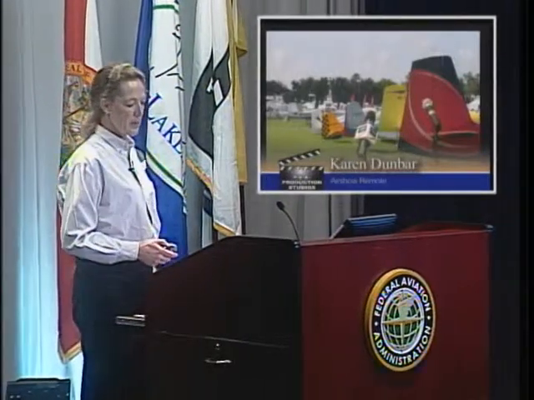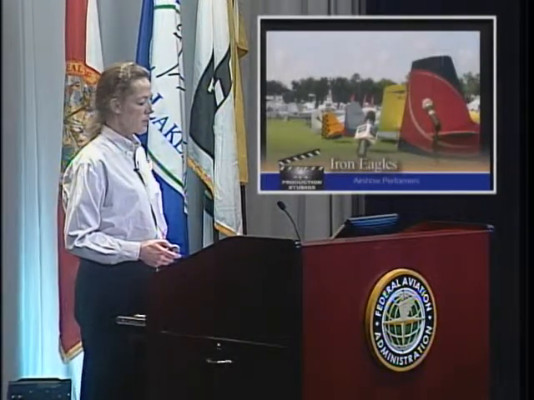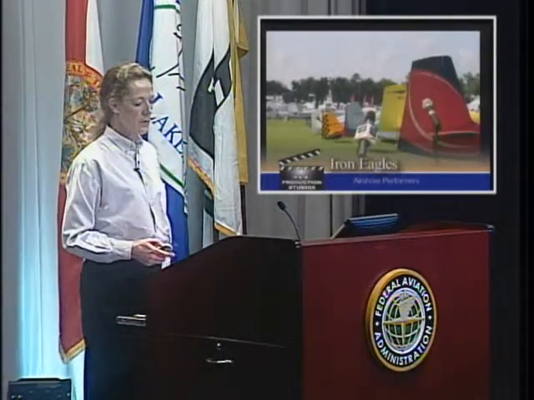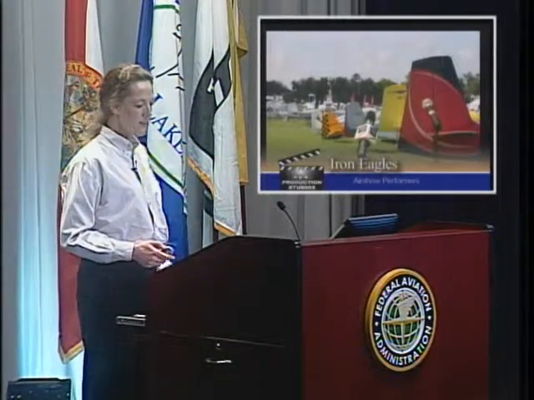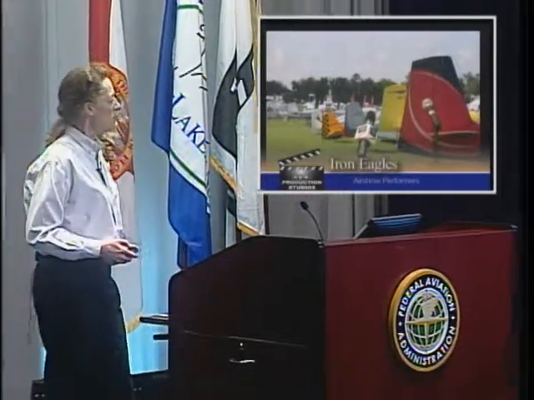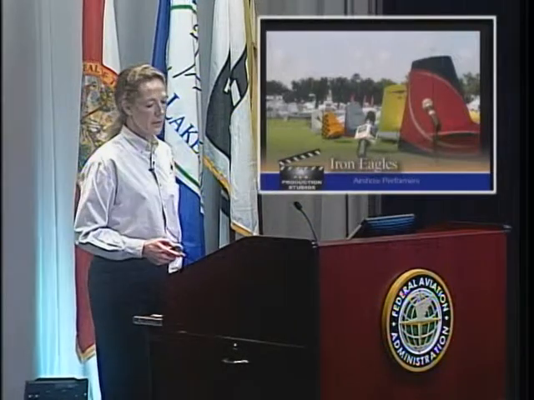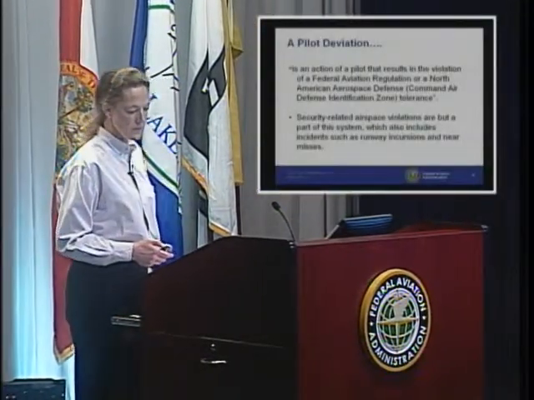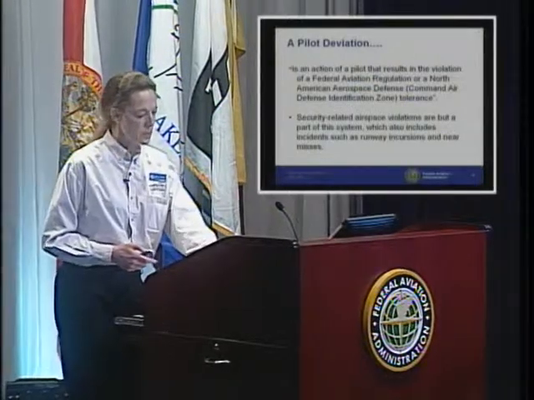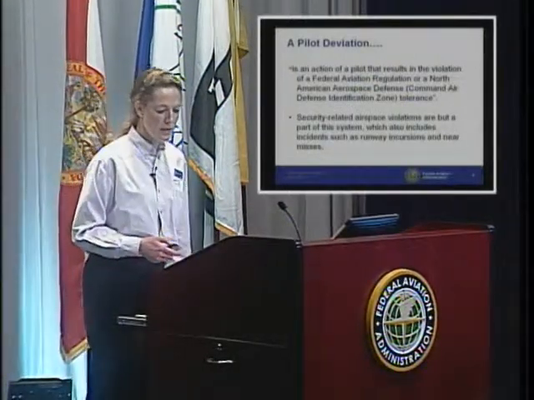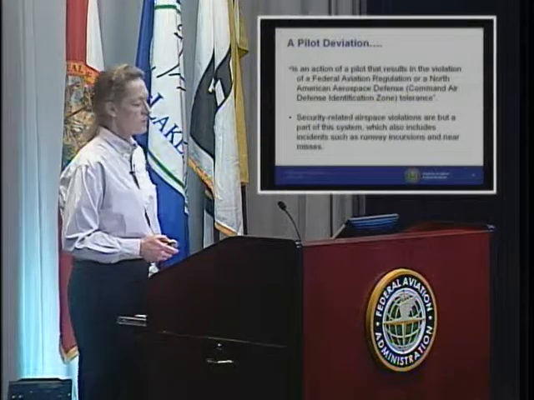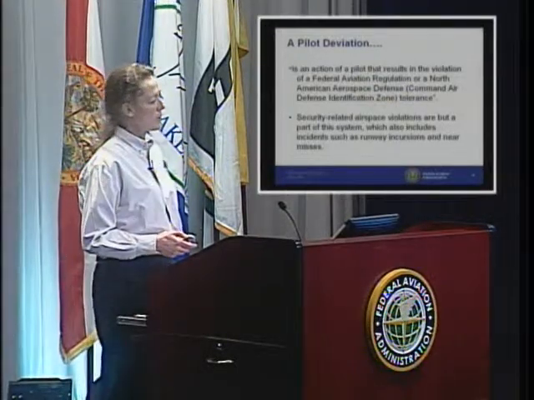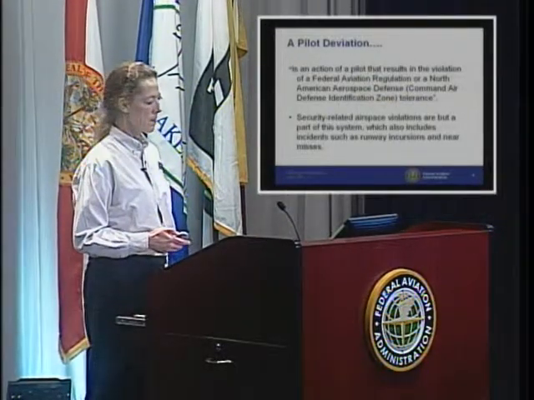Most of our airspace is covered under the operating rules of Part 91, and the special flight rules area is covered under Part 93. Due to the complexity and extent of the surface incidents, it will not be covered in today's briefing.